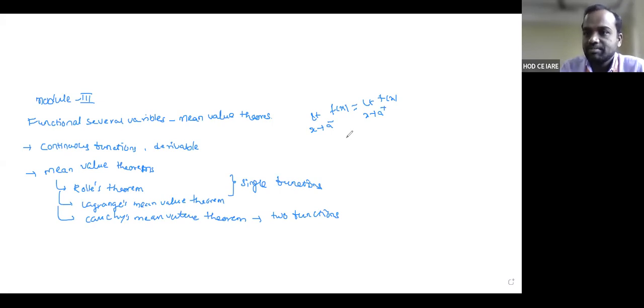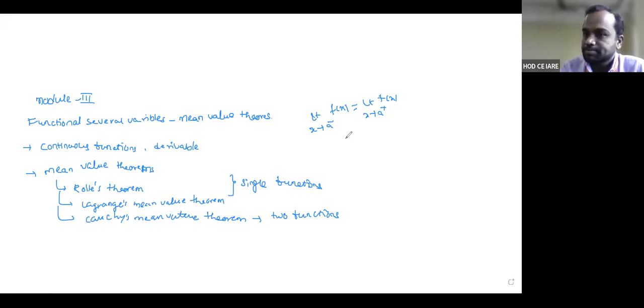Inverse trigonometric functions are also the same: sine inverse, cos inverse, tan inverse and cot inverse are also continuous. Tan and cot have some conditions, between minus infinity and plus infinity they are continuous.